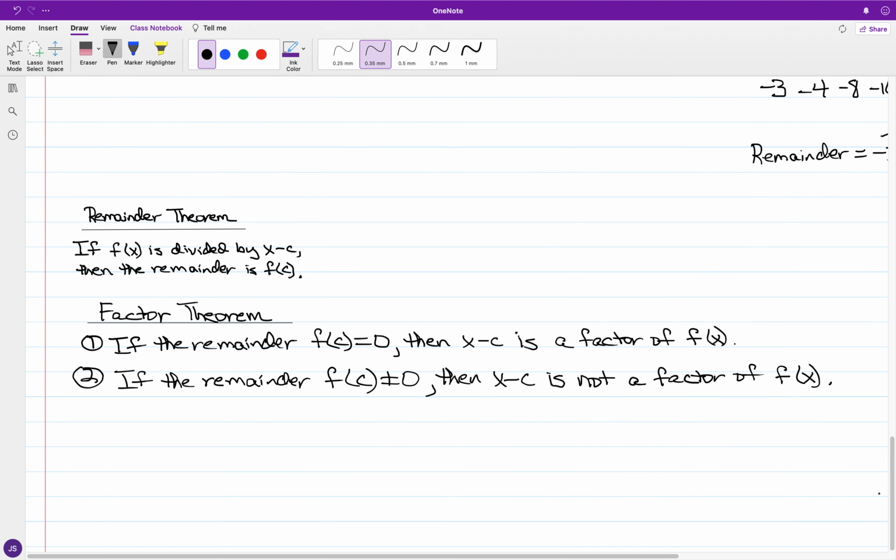So that is where the factor theorem comes in.